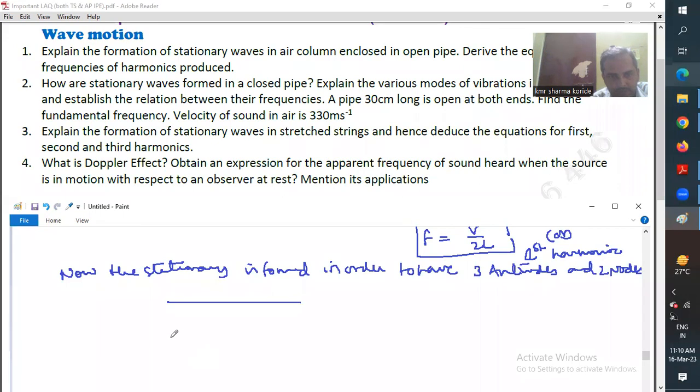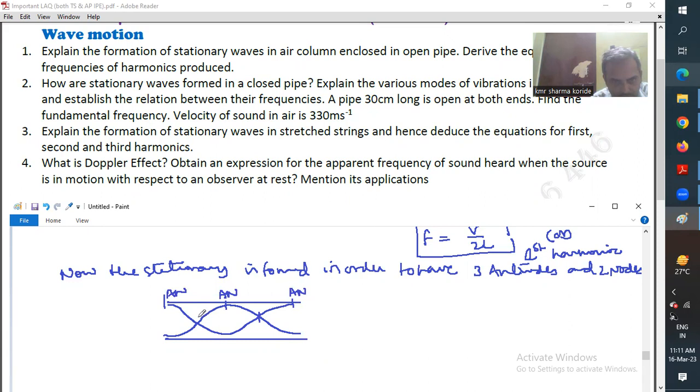So this is once again an open pipe. Antinode, antinode, antinode, and this is once again a node.